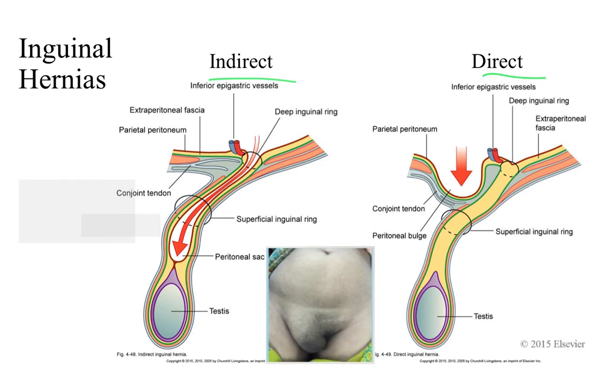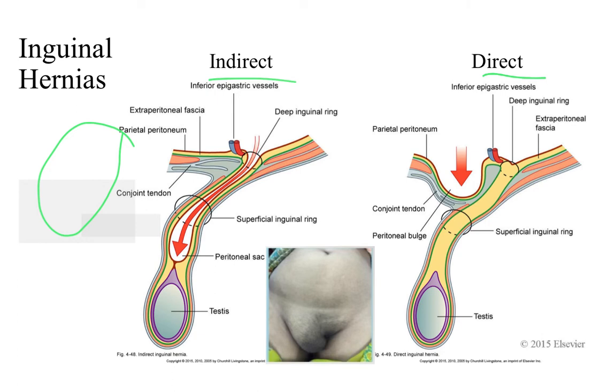So we'll talk about what the different kinds are. So be aware also that they can happen in males and females. For some reason, the picture of the male hernia did not show up in this slide for the lecture, but it is in your PowerPoint presentation if you're following along.